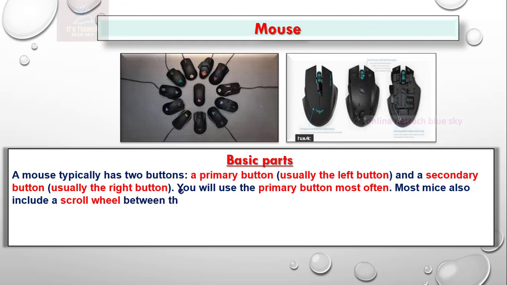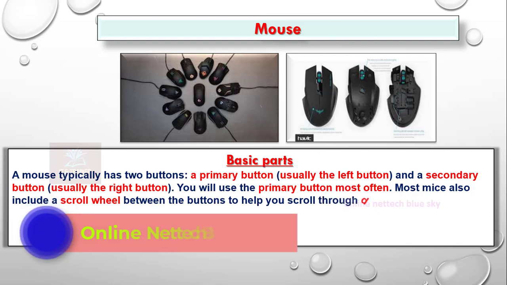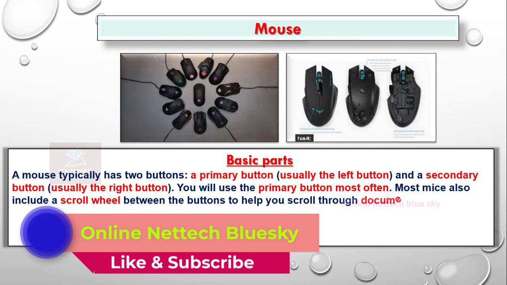You will see the primary button used most often because most of you use the left side button, and only sometimes use the right side secondary button for a menu.